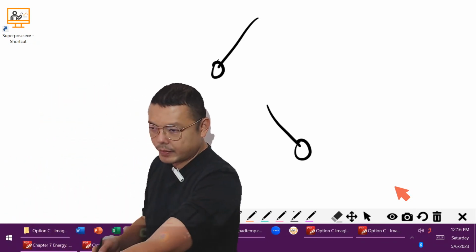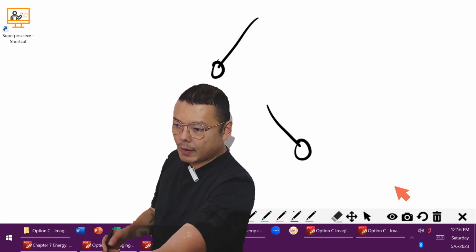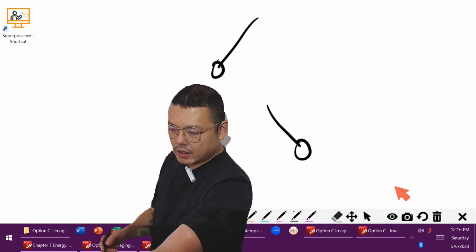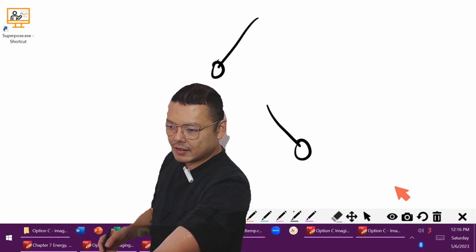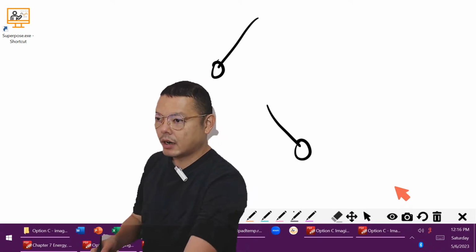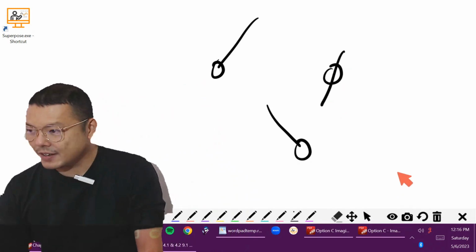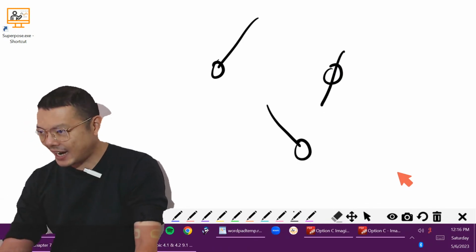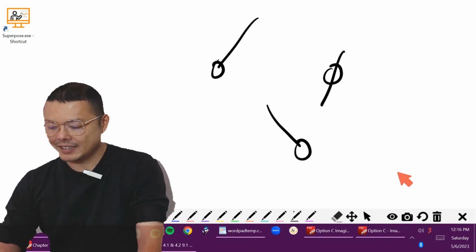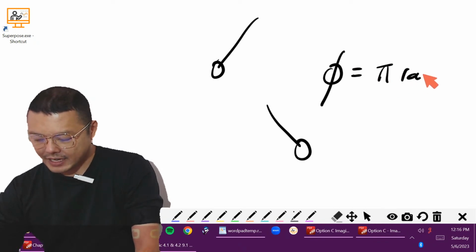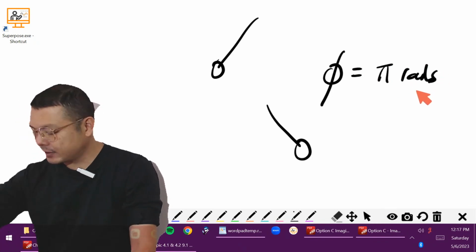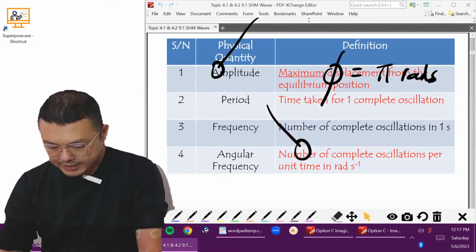What Jeremy said was pi, what's the unit? Pi radians. You can also say it's 180 degrees. So in general, phase difference, which is expressed as phi, equals pi radians. Can you write this down? The next set of my notes is phase difference anyway, so you can see it down there.